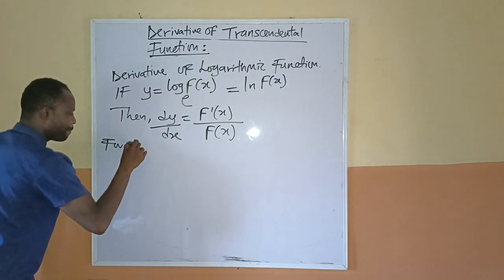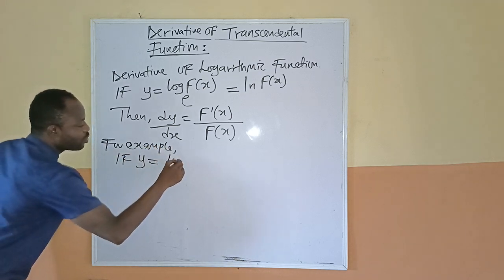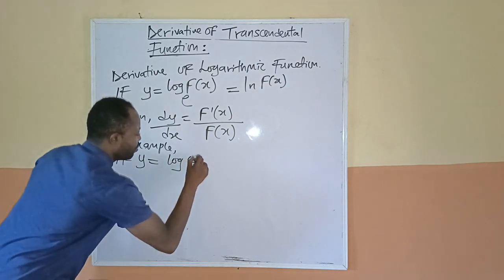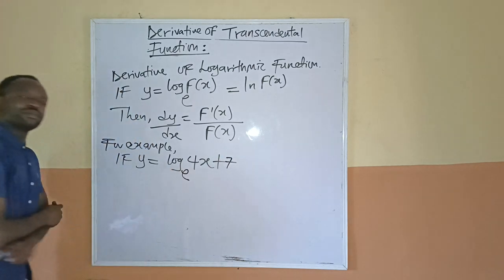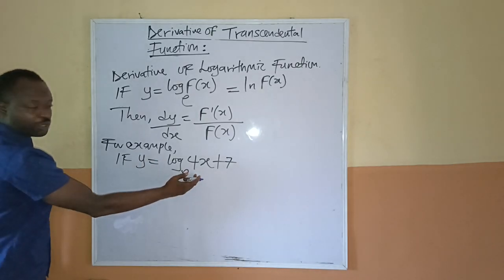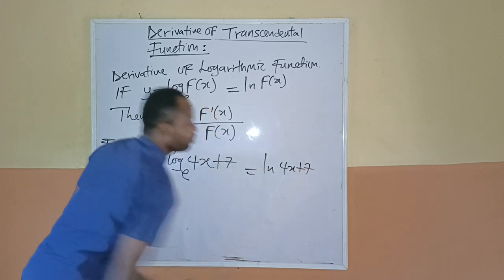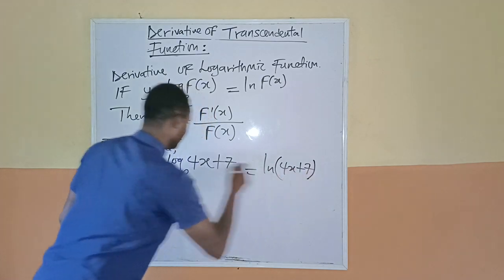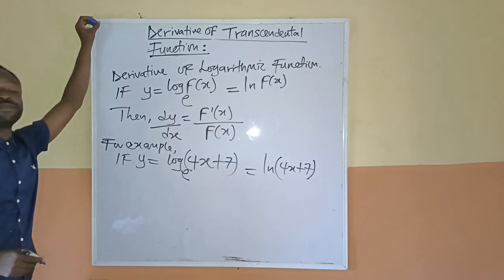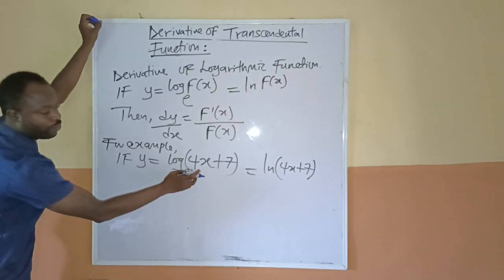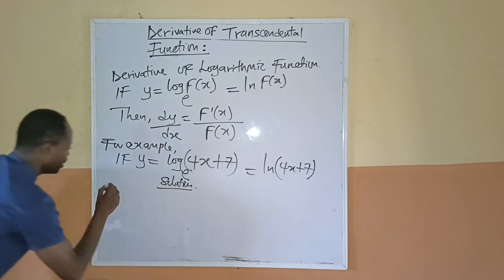For example, if y equals log 4x plus 7 to base e, I can rewrite this function as ln 4x plus 7, which is still the same. So, in order to find the first derivative of this function, I will now write the solution.